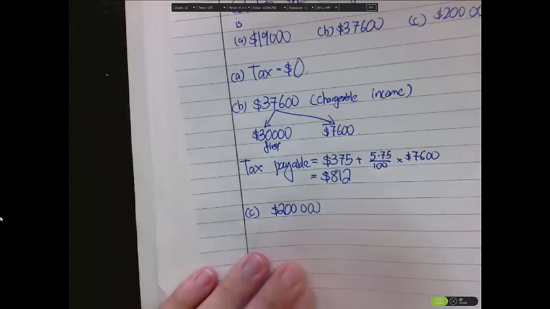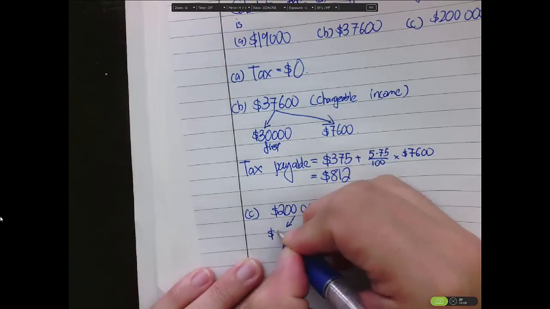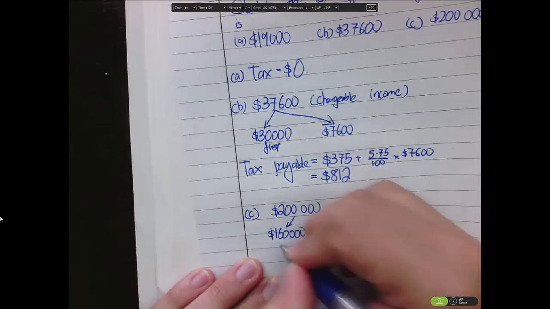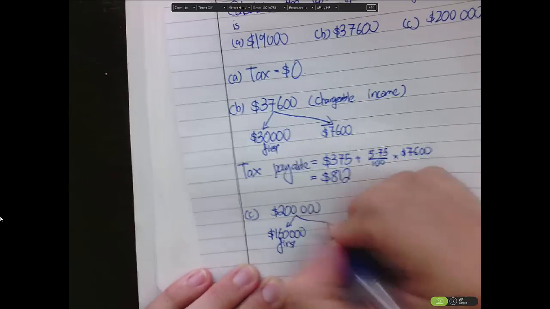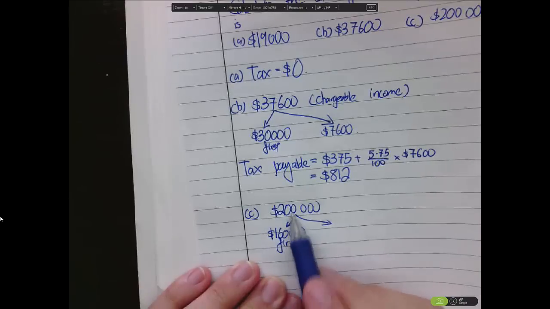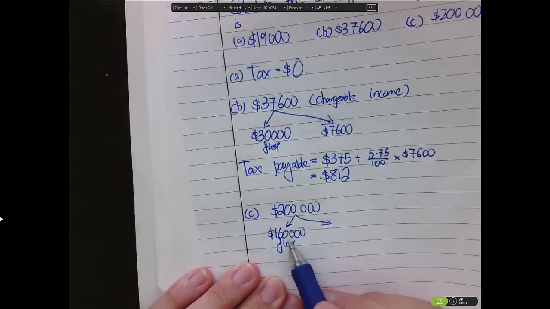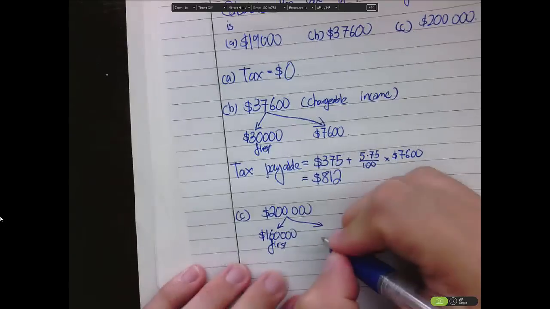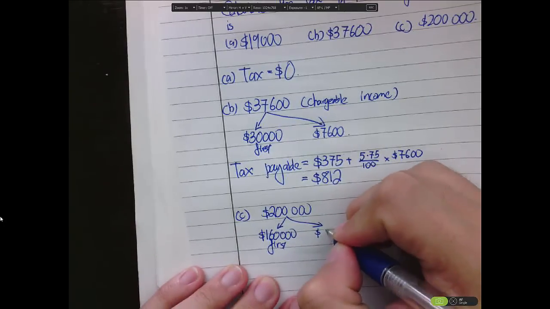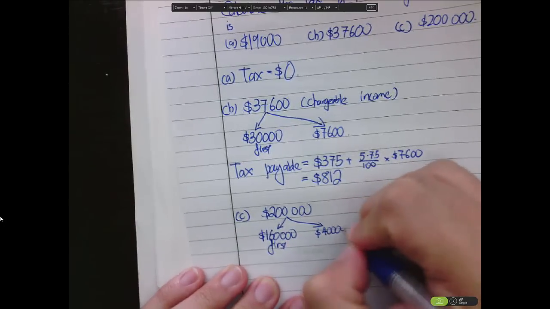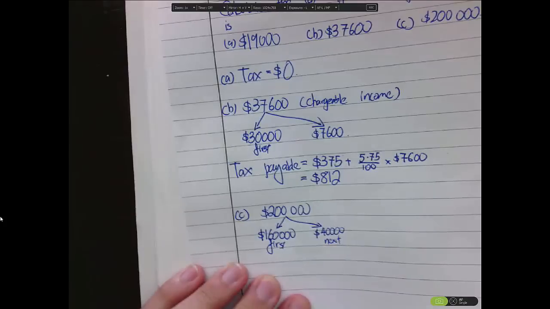I split it into the first $160,000, and then after $160,000, 200 minus 160,000 gives you another 40,000 left to pay. That is the next $40,000.